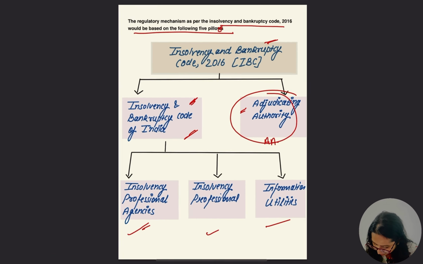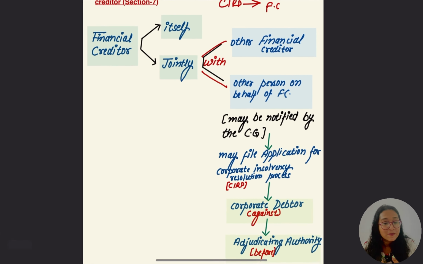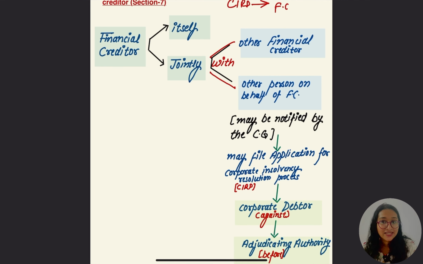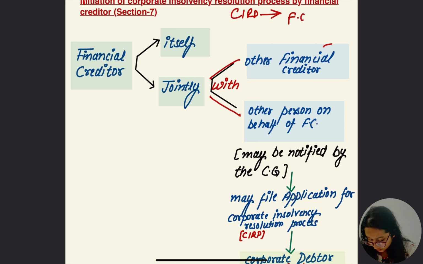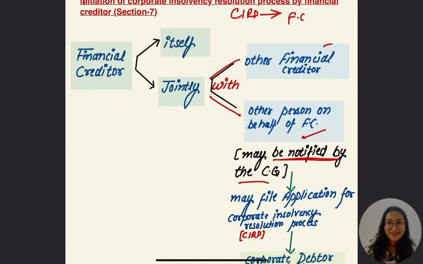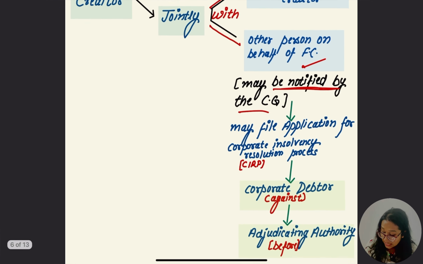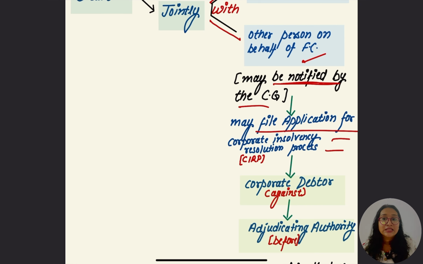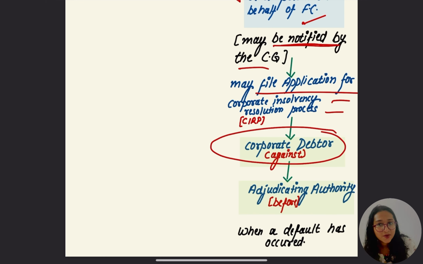So Section 7 says the financial creditor by itself, or jointly with other financial creditors. When it comes to jointly, he goes with another person on behalf of financial creditors who may be notified by the central government, and may file for the CIRP, the corporate insolvency resolution process, against the corporate debtor before the adjudicating authority. Hope this point was clear.